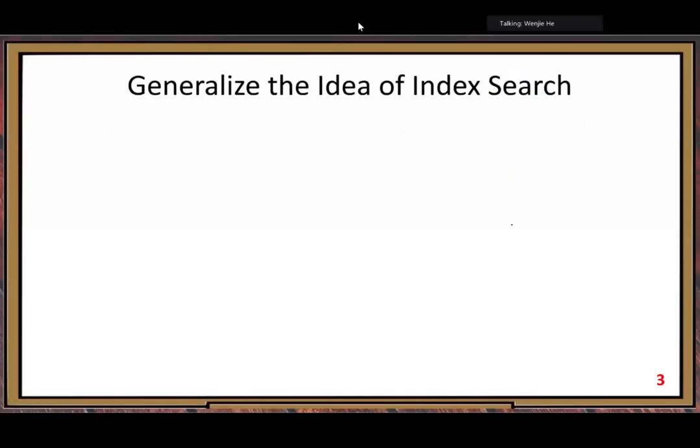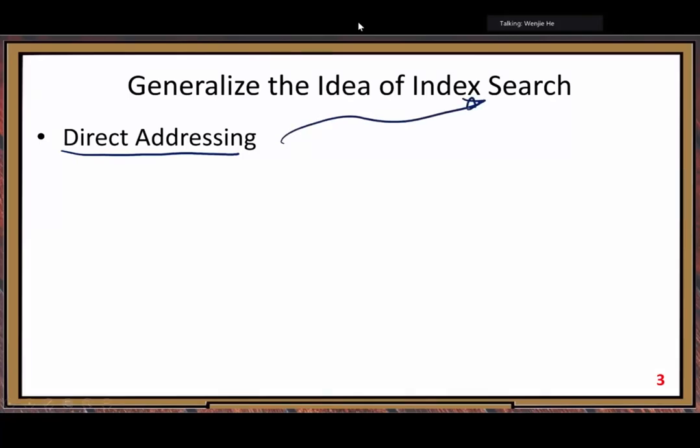Now let's look at what's the main idea it uses. Generalized idea of index search. First, we need to know the big drawback, right? So, direct addressing. That's another name of the index search.